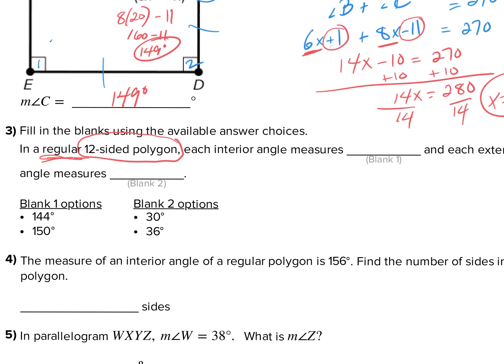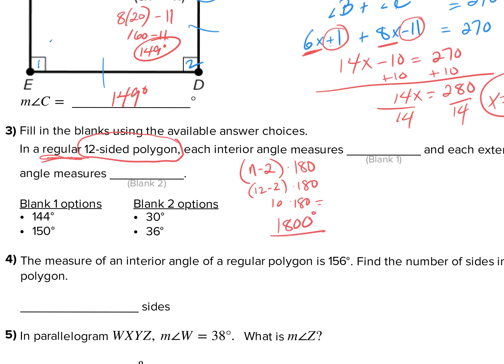Okay, so interior angle we have already reviewed. It's the number of sides minus 2. That tells me the number of triangles I can create. And then I'm going to multiply by 180. So 12 minus 2 obviously is 10. And when I multiply by 180, I get a total of 1800 degrees.